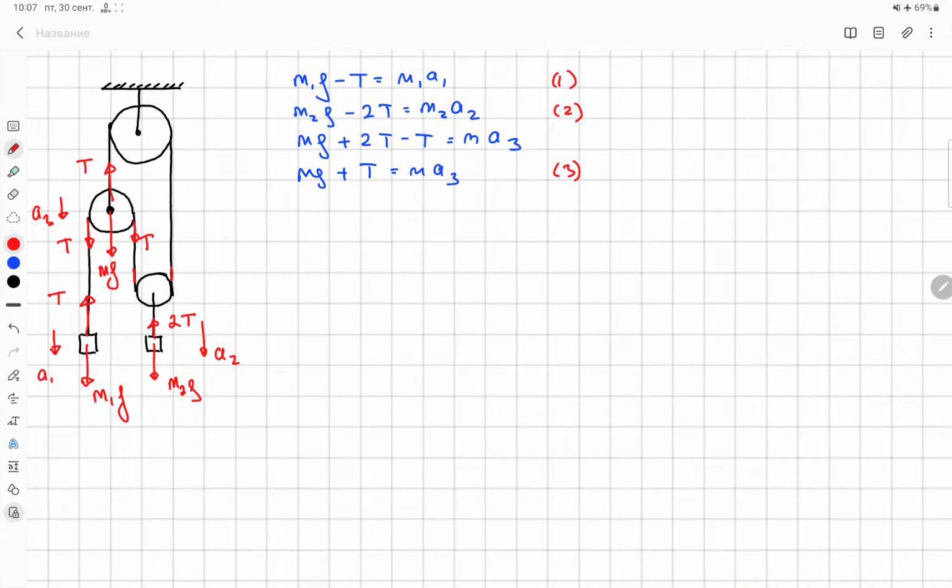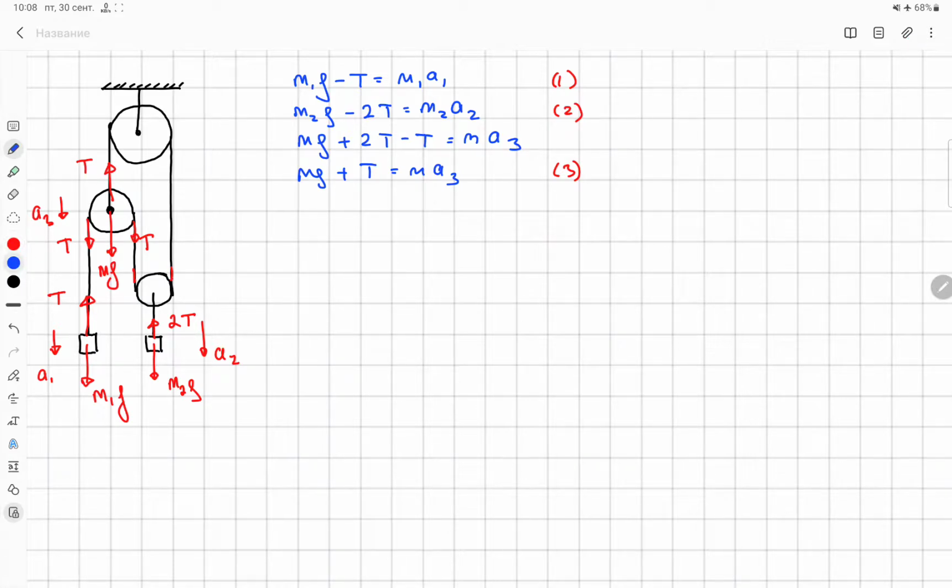So as you see, we have four unknowns: a1, a2, a3, and tension. It's obvious we need to come up with equation number 4, and this equation should be, we believe, a relationship between accelerations.